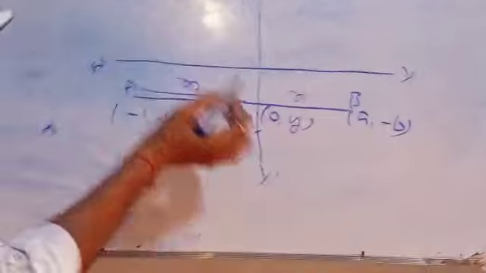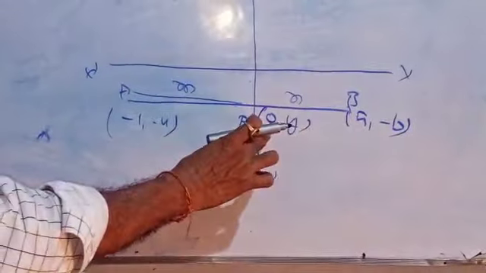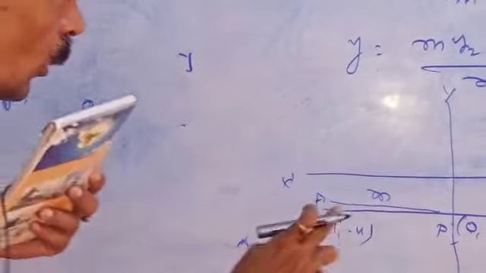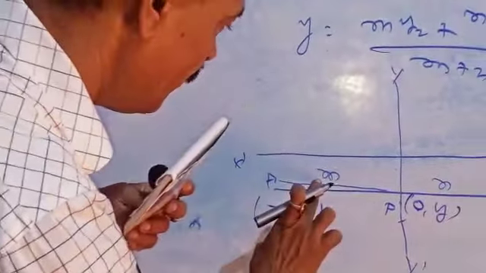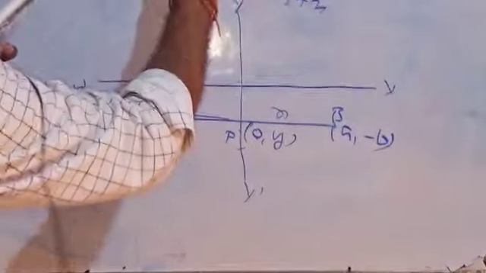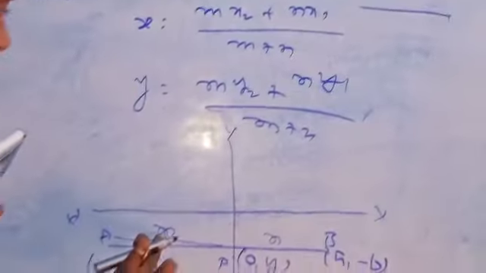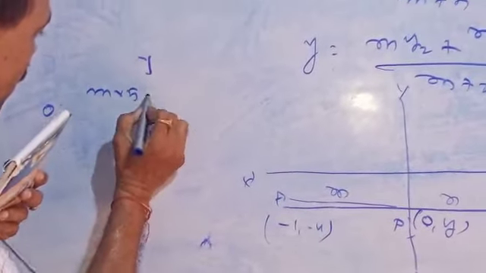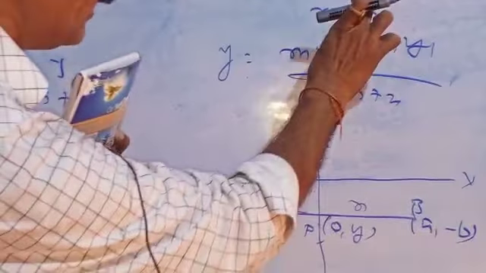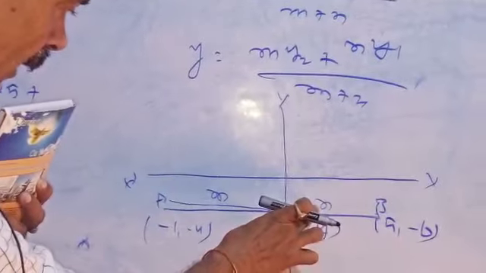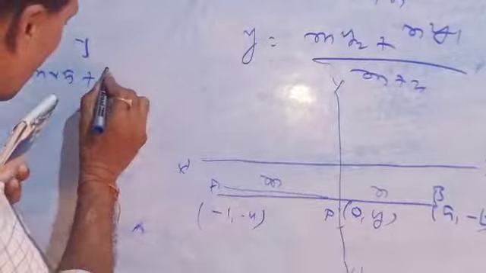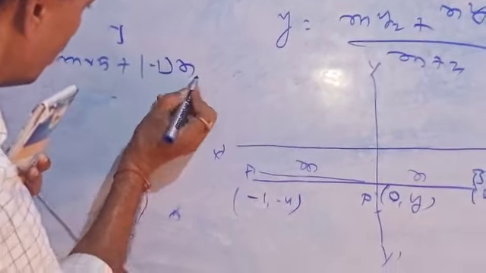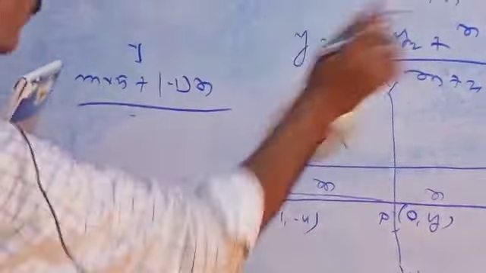Look here. On this formula, the first coordinate is the abscissa. The abscissa is 0. I will write 0 equals m x2, where x2 is 5, so m into 5, plus n x1, where x1 is -1, so -1 into n, divided by m plus n.